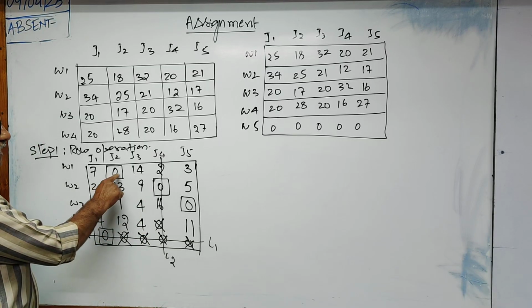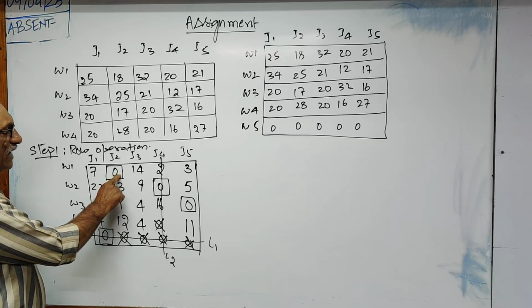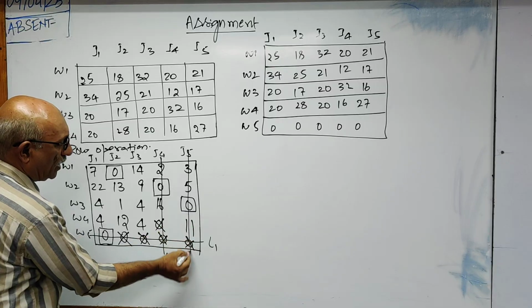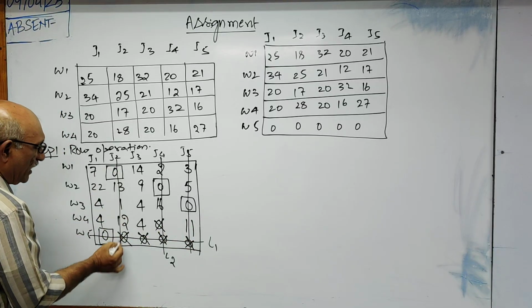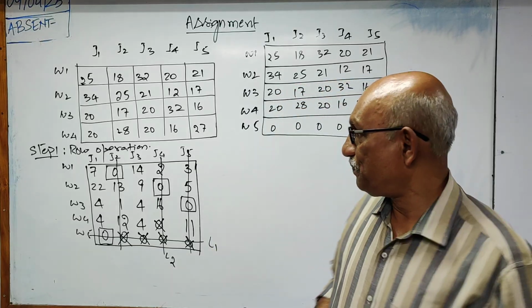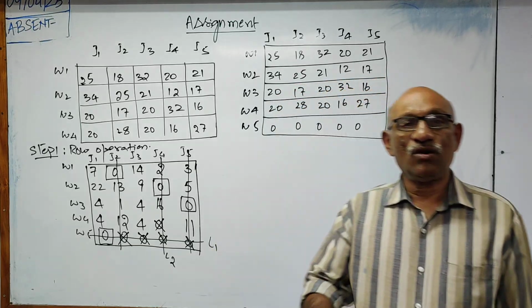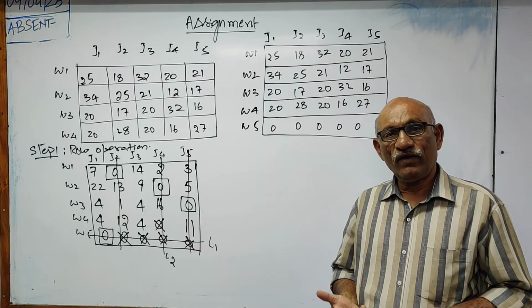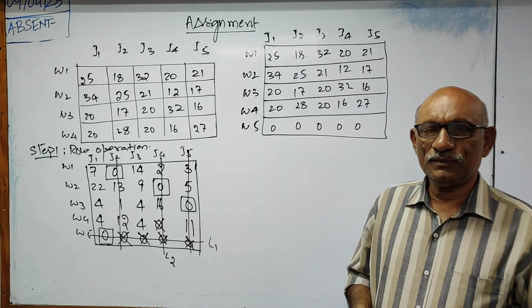Now there is 1 zero in the second column, 1 zero in the fifth column. Draw vertical lines here so that all the zeros are covered. After that, what will I do? Very simple.